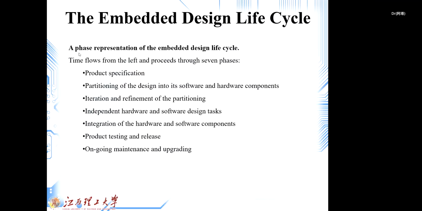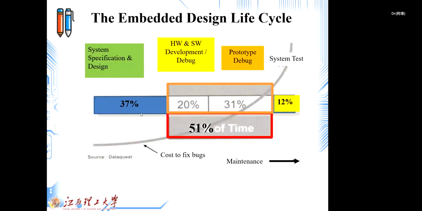This represents the embedded system life cycle, and time flows from the left and proceeds through the seven phases as we said: product specification, partitioning of the design into its software and hardware components, iteration and refinement of the partitioning, independent hardware and software design tasks, integration of the hardware and software components, product testing and release, and ongoing maintenance and upgrading.